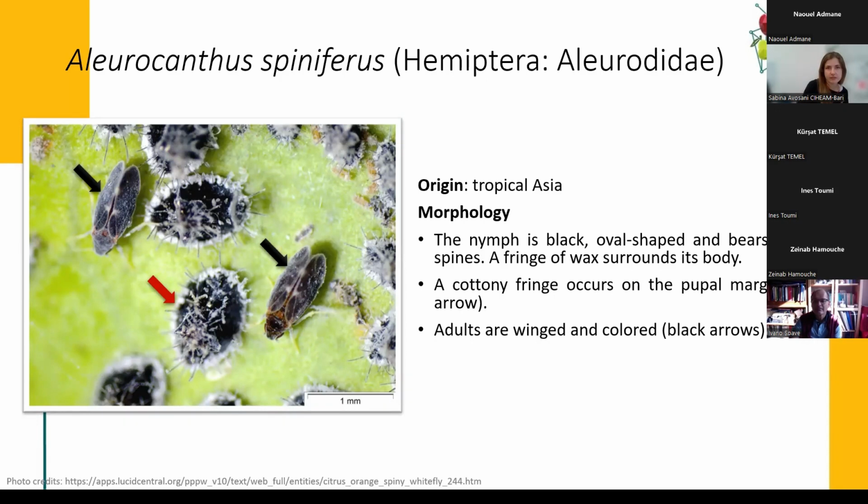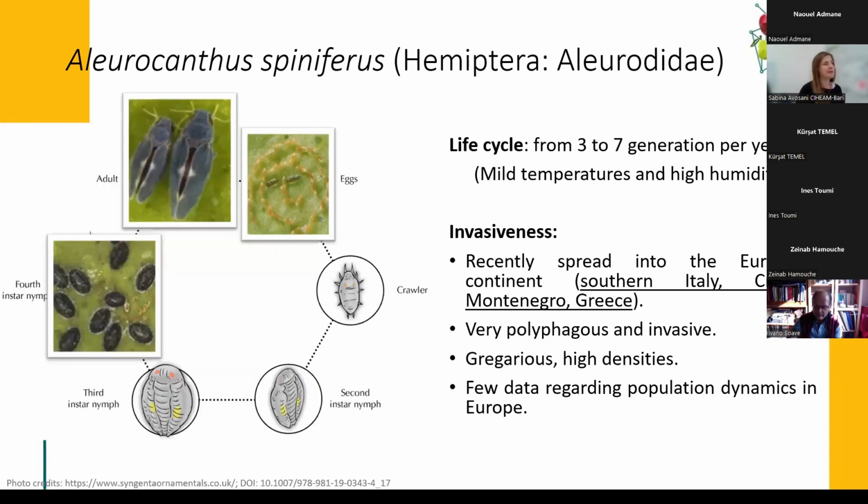Here, the life cycle: it can take from 3 to 7 generations per year, and it prefers mild temperatures and high humidity. In fact, it established in the European continent, in continental southern Italy, in Croatia, Montenegro, and Greece.